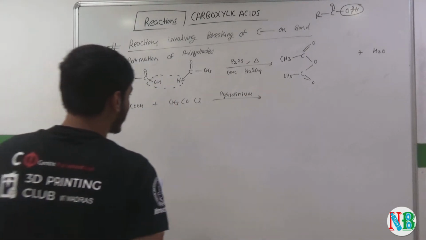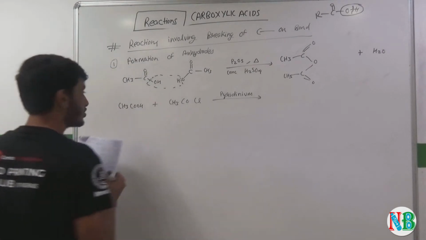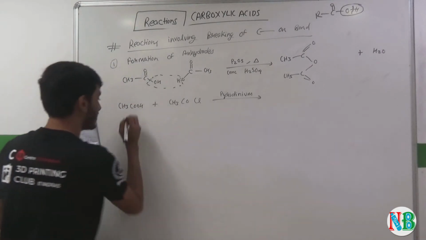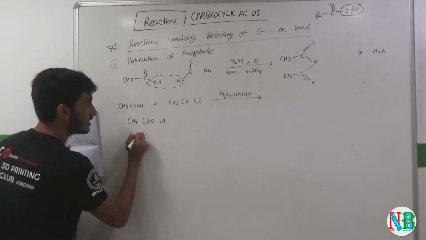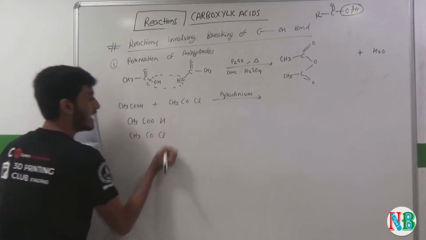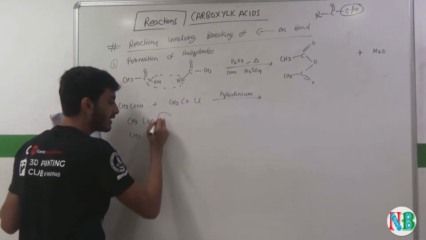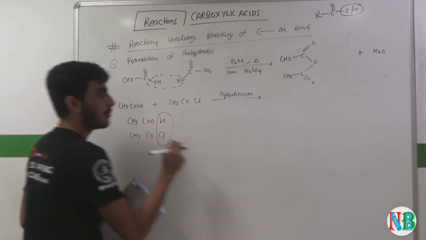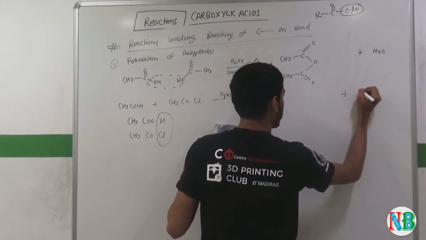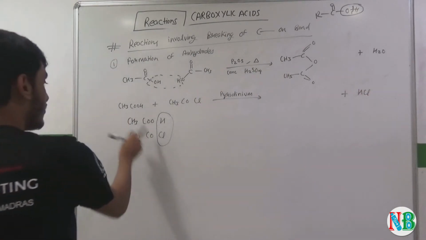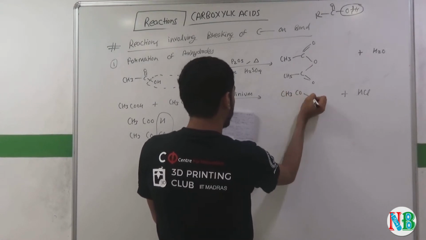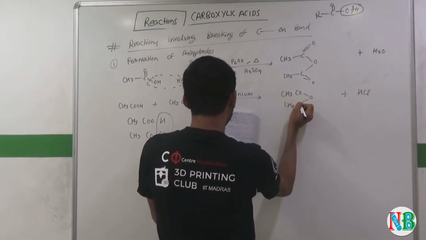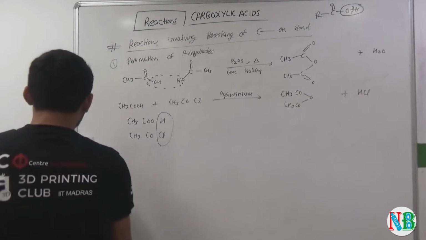For these reactions, you can remember them like this: CH3COOH, CH3COCl, eliminate the last two to form HCl, and the rest will form an anhydride, CH3COO, CH3CO.